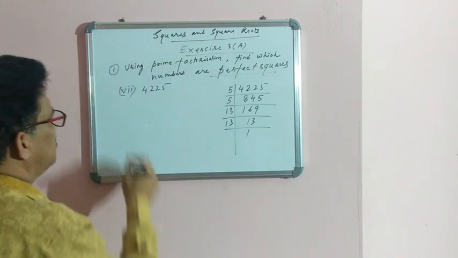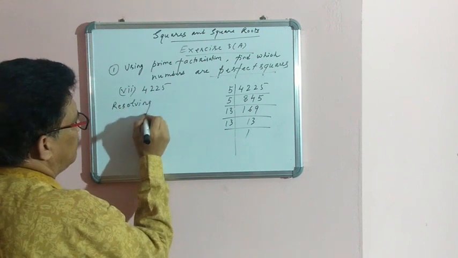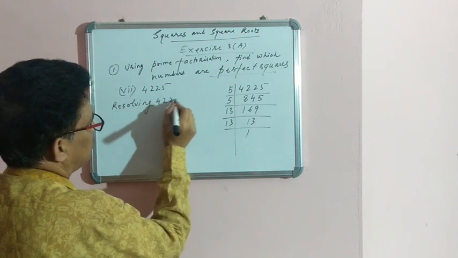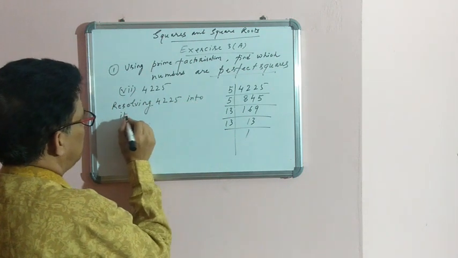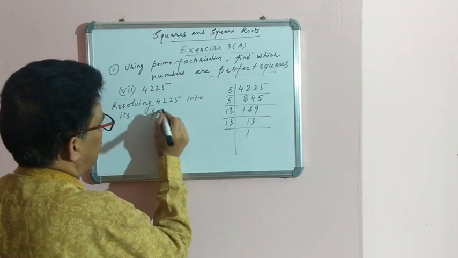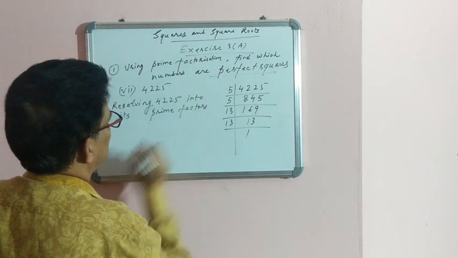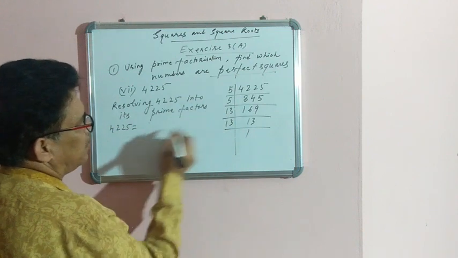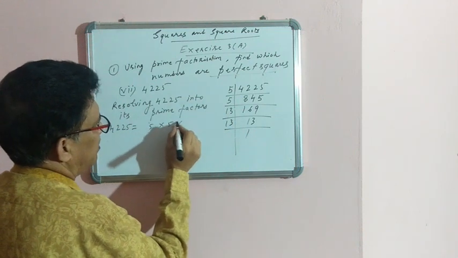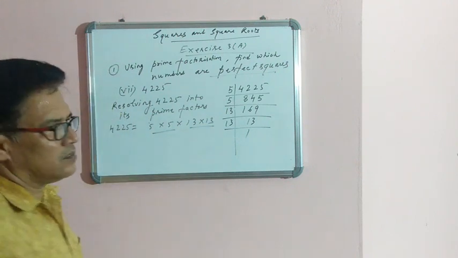Now resolving 4225 into its prime factors. 4225 is equal to 5 times 5 times 13 times 13. So make the pairs there.